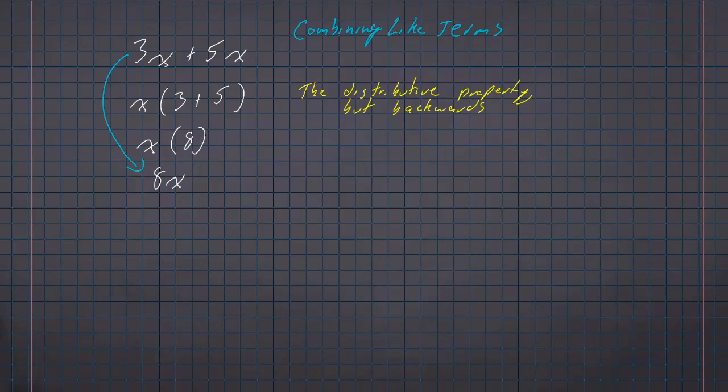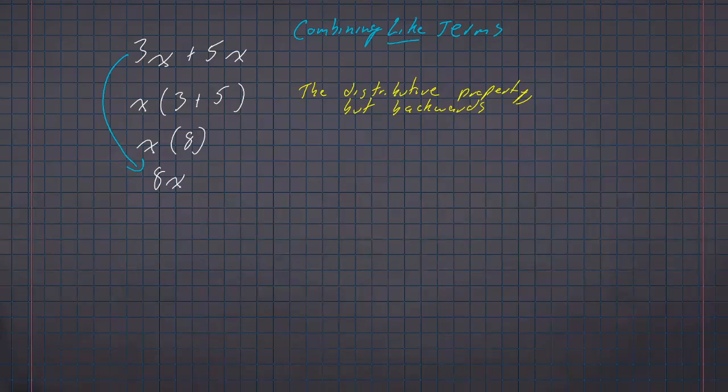It's called combining like terms. It is important to notice here that we need to have like terms. We need to have the exact same variables in each of the two things being added together, or this doesn't work.